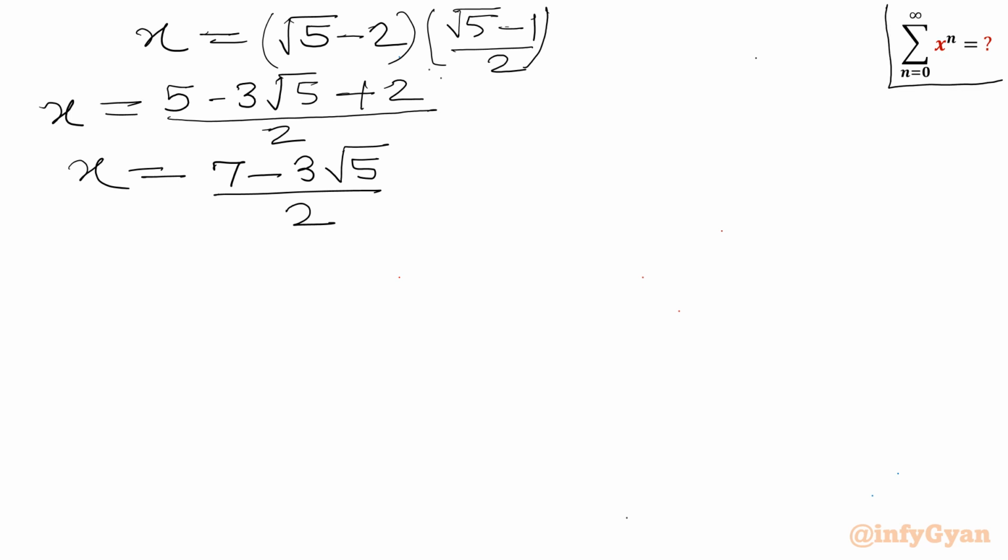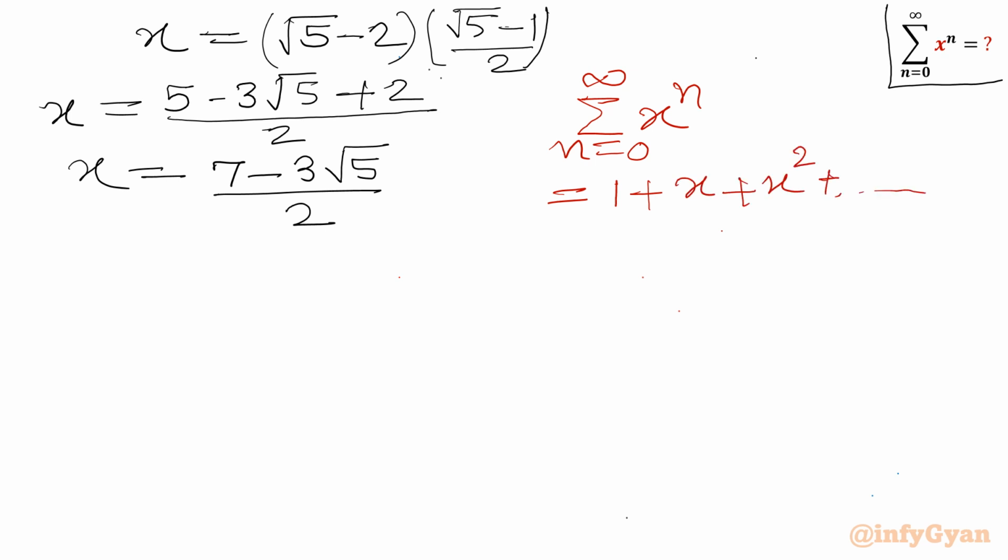Now we have to evaluate the sum of x to the power n, n equal to 0 to infinity. So I will expand it. n equal to 0, so 1. n equal to 1, x. n equal to 2, x squared, up to infinity. Now this is an infinite GP whose sum will be first term over 1 minus common ratio, which is x here.